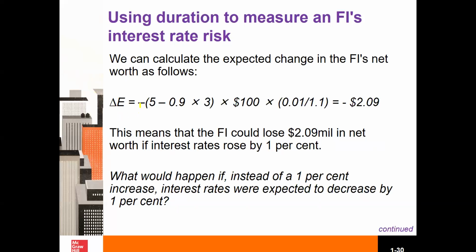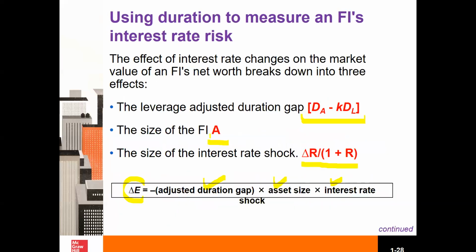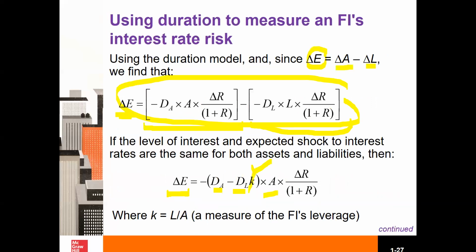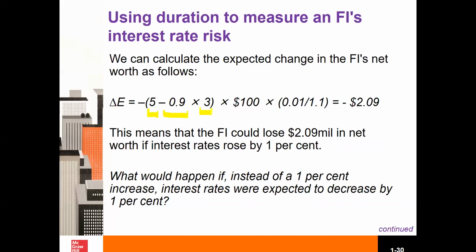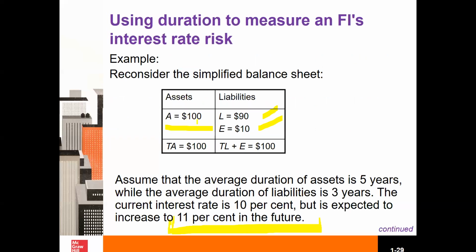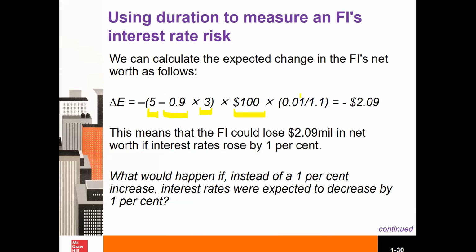So you can remember the formula: minus, this is the duration of assets, minus this K, if you remember, and then the duration of liabilities, which is 3, multiplied by the size of the asset portfolio, which is $100, multiplied by the change in interest rate, which is 1%, divided by 1 plus interest rate.